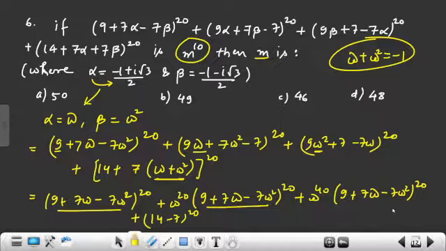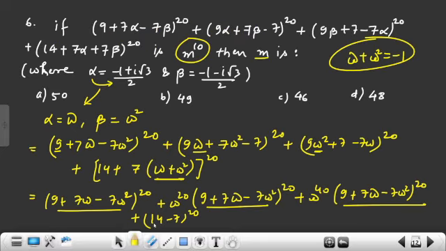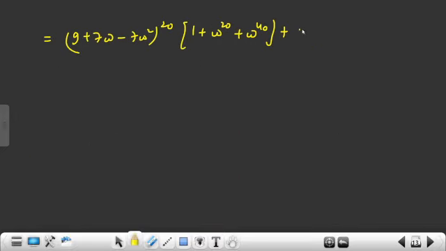Now what is common in all the three brackets? That is (9 plus 7 omega minus 7 omega square) power 20 is common. Now what is left? 1 plus omega 20 plus omega 40, plus (14 minus 7) power 20, that is 7 power 20. Now let's solve this.